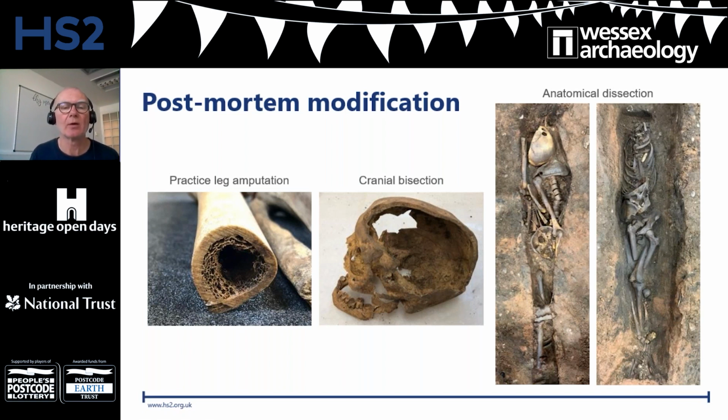We found, for example, a cranial bisection, which is a cut in the skull, which allows you to inspect the anatomy of the cranium. And this particular cut is illustrated actually by Leonardo da Vinci back in the 15th century. So some of these techniques were centuries old.